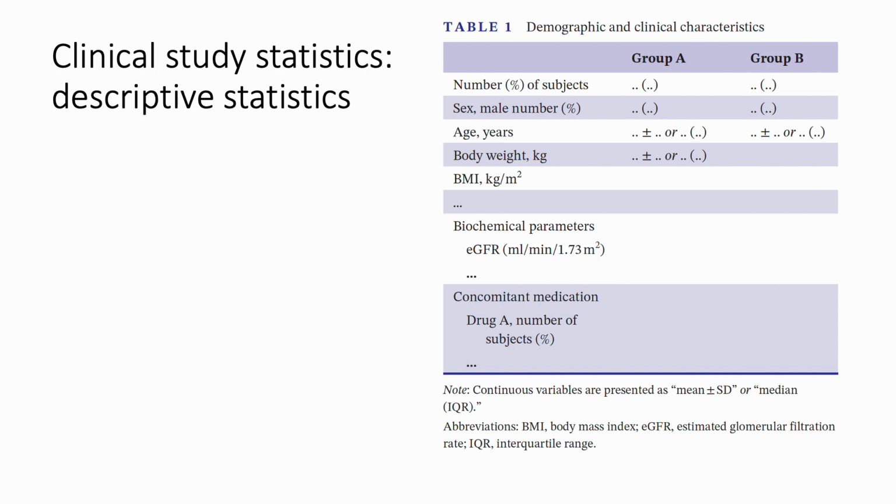Maybe obese one, so 29, and then plus or minus 1 or 2, the standard deviation. So this is the way that we are going to show demographics and clinical characteristics in a study, coming from the data that we obtained from our patients, and this is related to descriptive statistics.